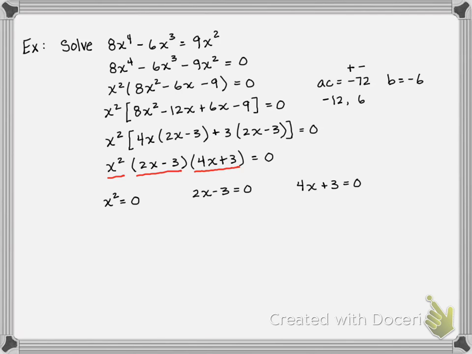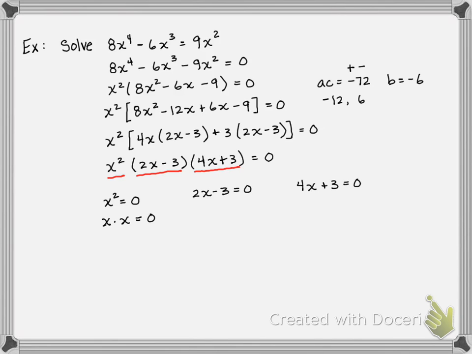If x squared is equal to 0, what does x have to be? So let's write it another way. Remember that x squared is just x times x, right? So I have 2 factors there that are being multiplied to get 0.